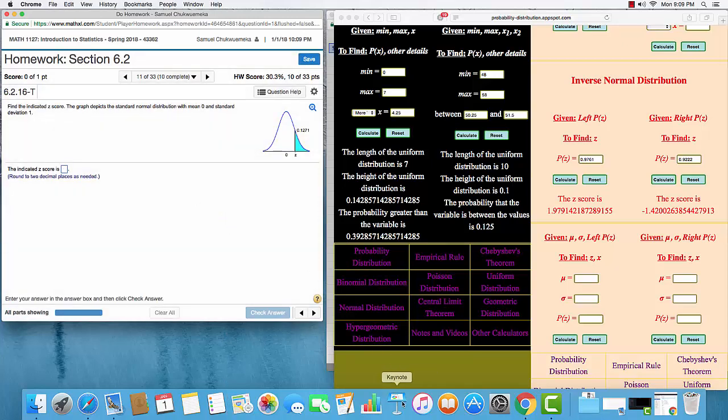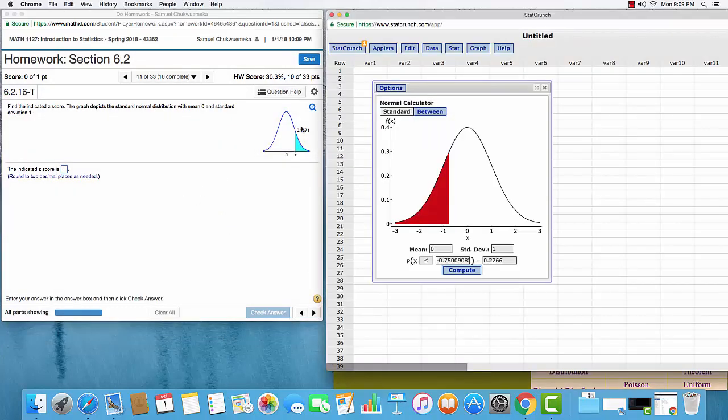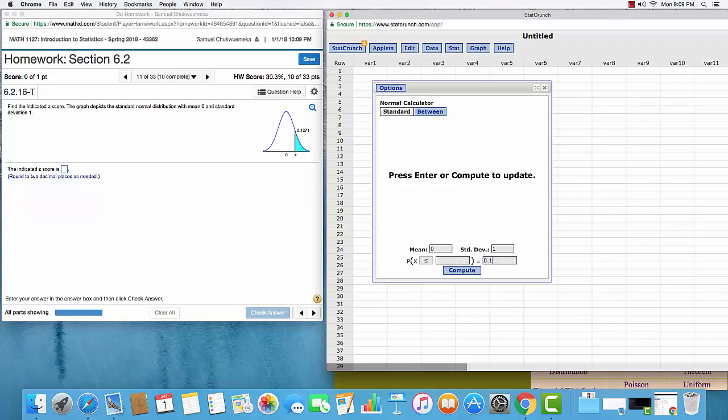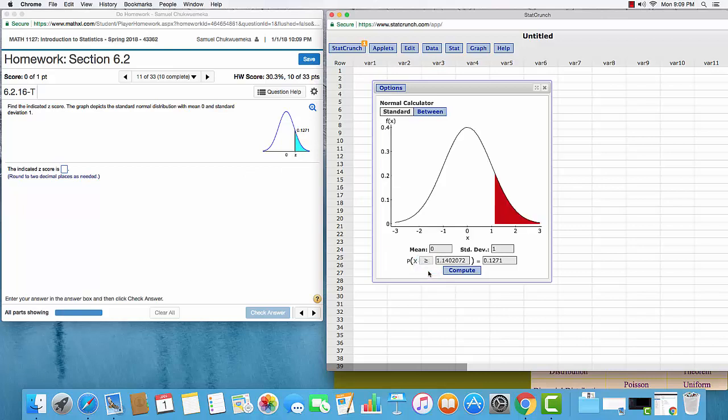Okay. Next one, StatCrunch. They gave you probability to the right. So you come here, change this to probability, 0.1271. Okay, that's the area to the right, or probability to the right. And this is to the right, not left. So you click here, you select greater than. Okay, greater than. And it shows you that this is the area to the right.